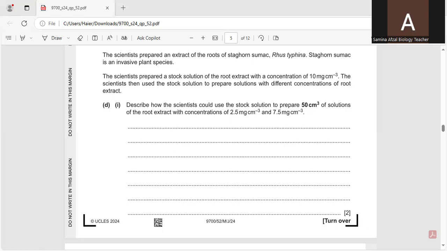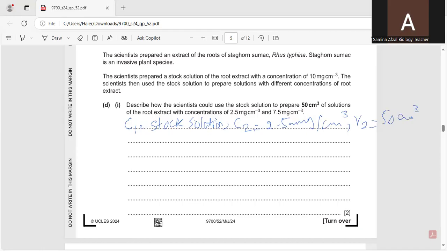So here you can see, we will write C1 is the stock solution, and C2 is 2.5 mg/cm³, and then volume V2 is 50 cm³.